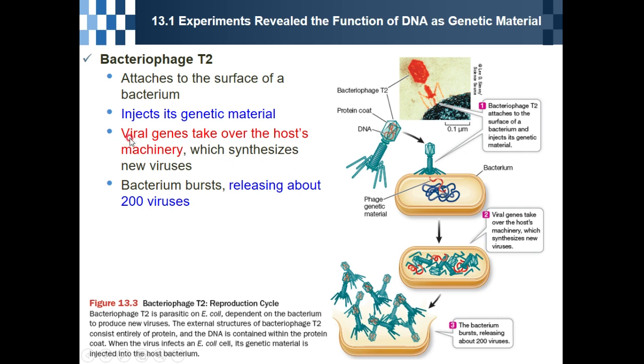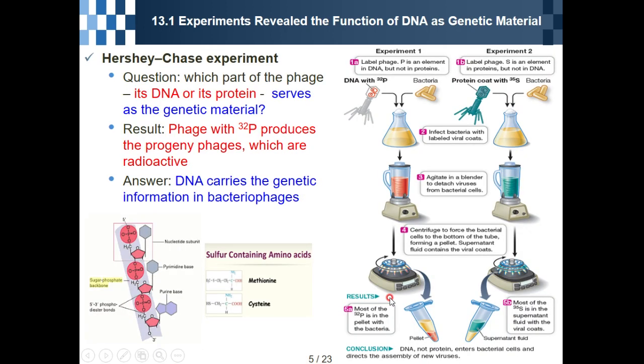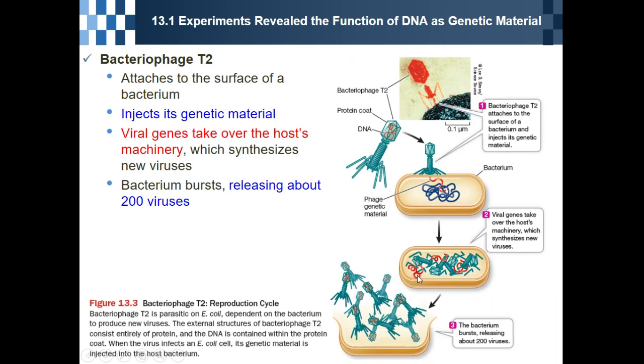There, the viral gene uses the host cell machinery. After that, they make their own protein coat, and they also replicate their own DNA, like this. Finally, they release about 200 viruses like this. This is the virus life cycle of bacteriophage T2.